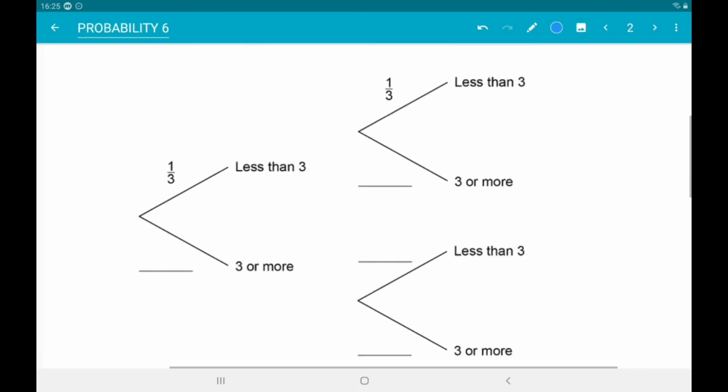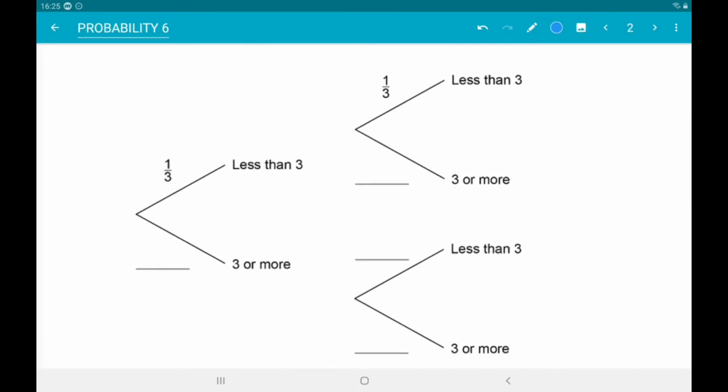So the probability of 3 or more is 4 out of 6, or 2/3. Now the probabilities are the same on both dice. The second dice does not depend on what happens on the first dice.